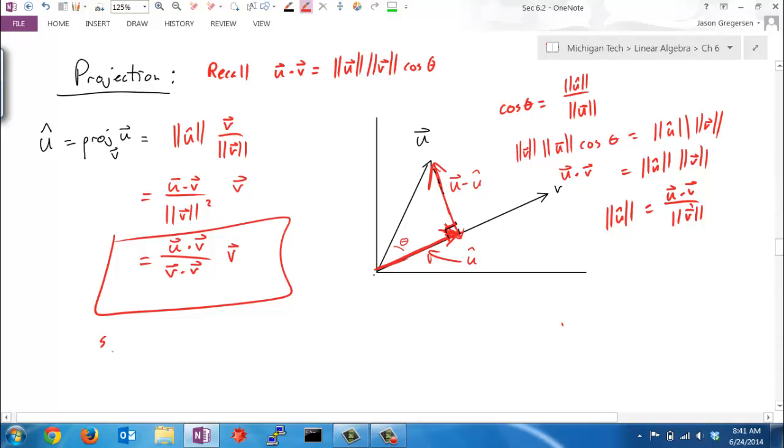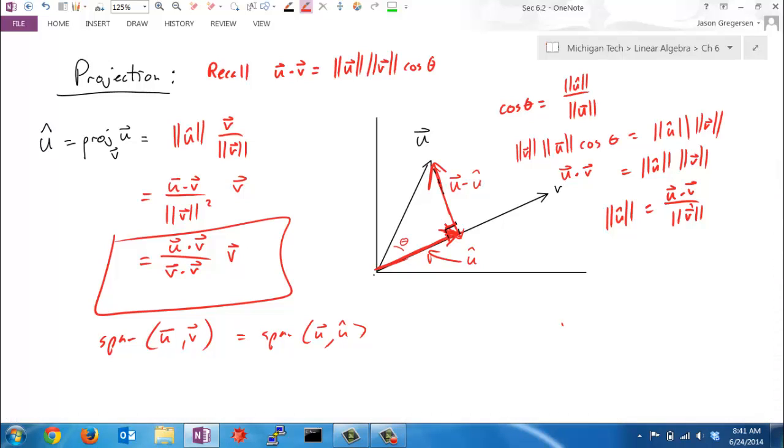Now, if I talk about the span of u and v, is that any different than the span of u hat, the projection of u, and v? It's not, right? Because u hat and v, well, they're just multiples of each other.